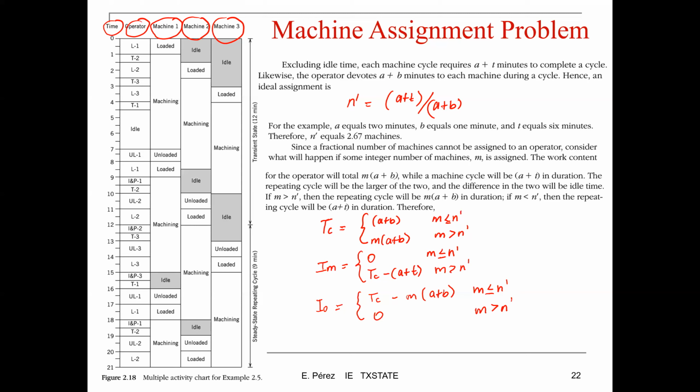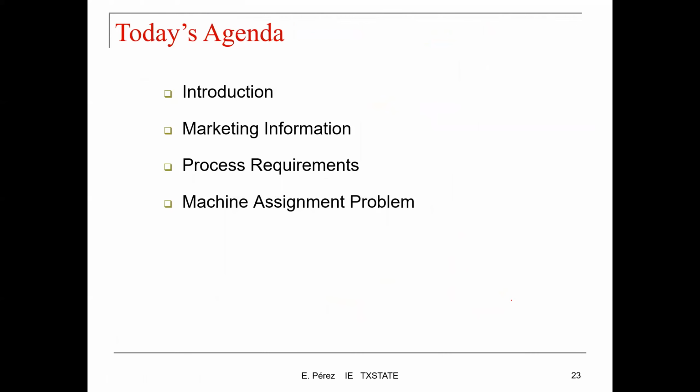And if the machine requires an operator, we can use this strategy to determine how many machines to assign to an operator. That's the last part of this lecture. In this lecture, we focused on the discussion of schedule design, and we looked at marketing information, process requirements, and the machine assignment problem.